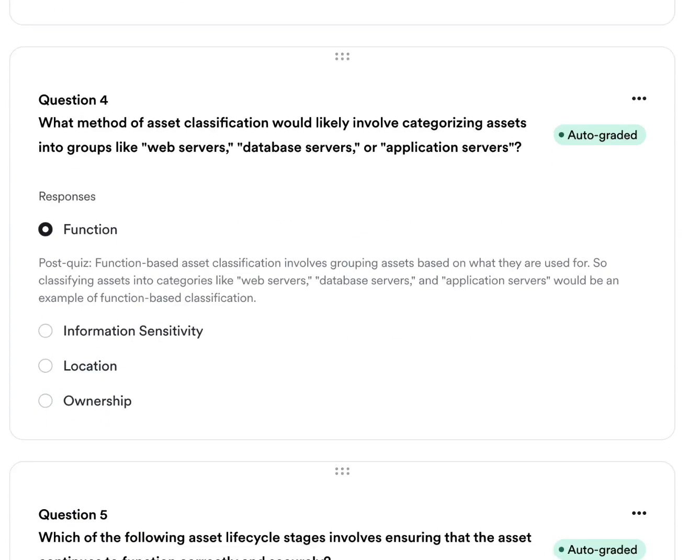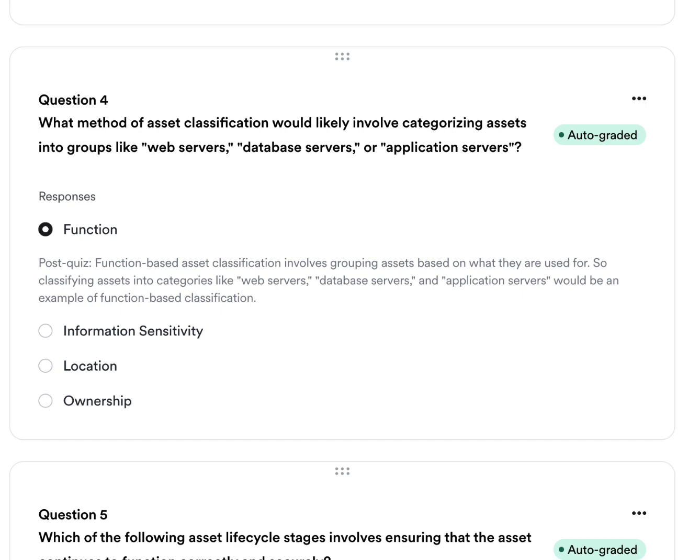Question 4, what method of asset classification would likely involve categorization of assets into groups like web servers, database servers, and application servers? A, function.